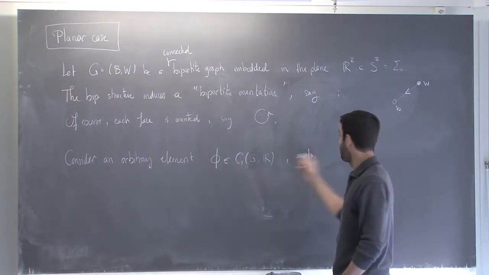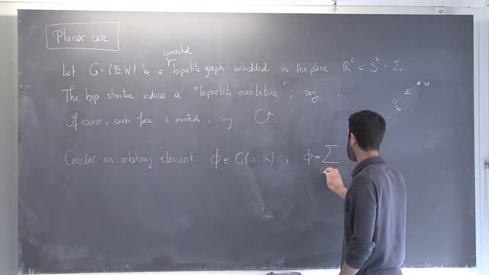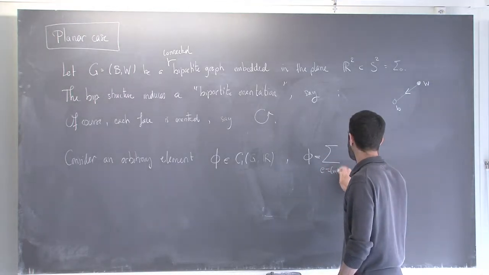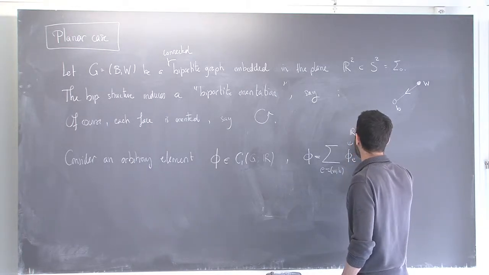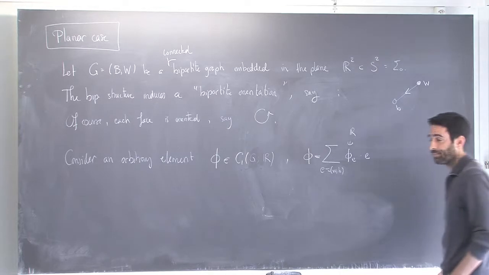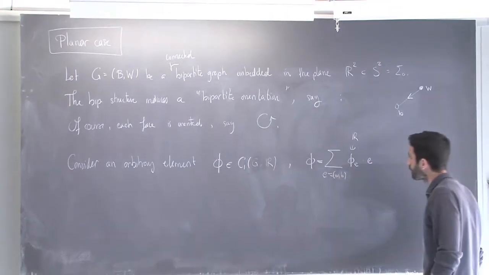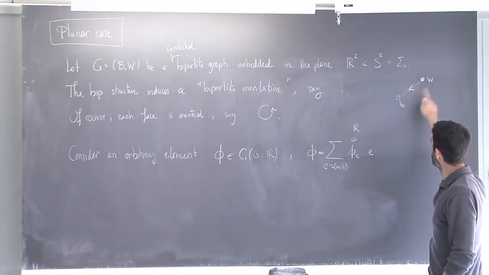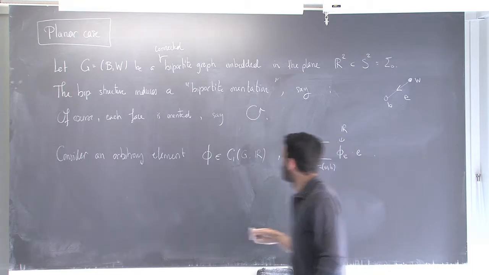So it means it's an element of the form sum over all the edges, some real coefficient here times the edge. Okay. Again, the edge is always oriented this way. Okay, so now let's compute its boundary.